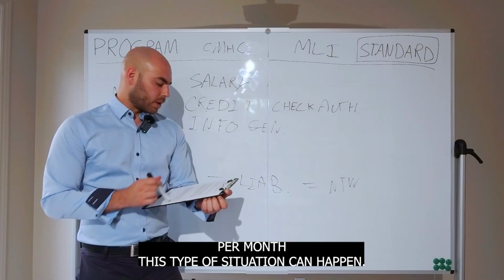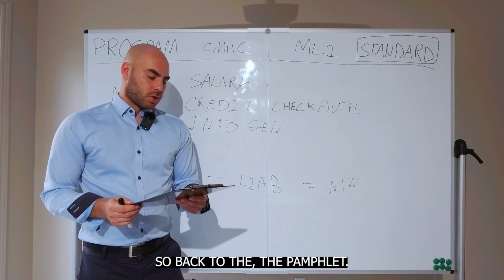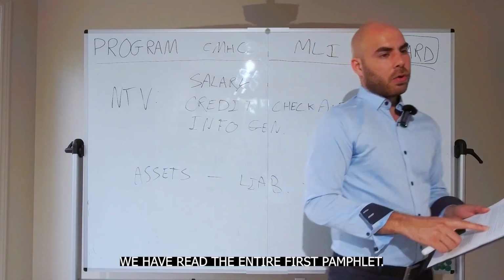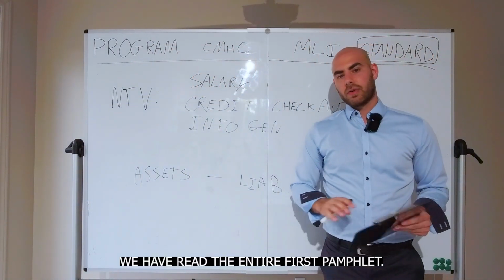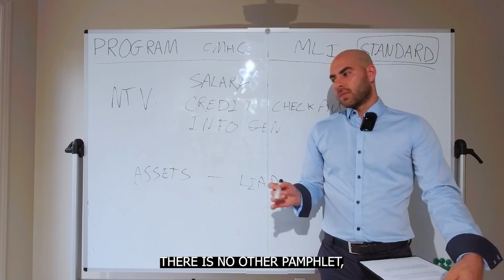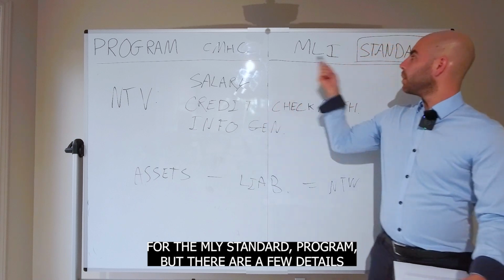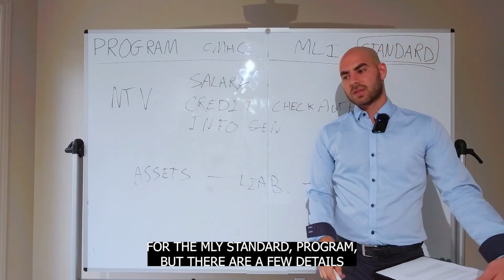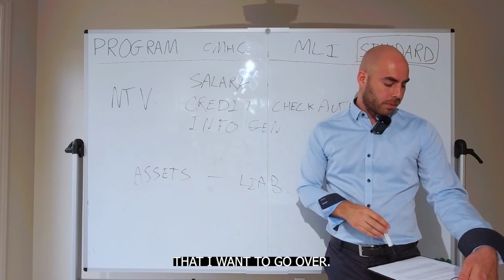These types of situations can happen. So back to the pamphlet, we have read the entire first pamphlet, okay? There's no other pamphlet for the MLI standard program, but there are a few details that I want to go over.